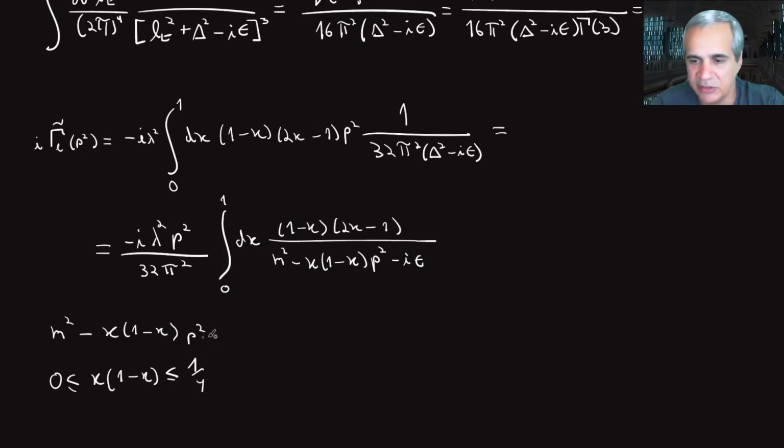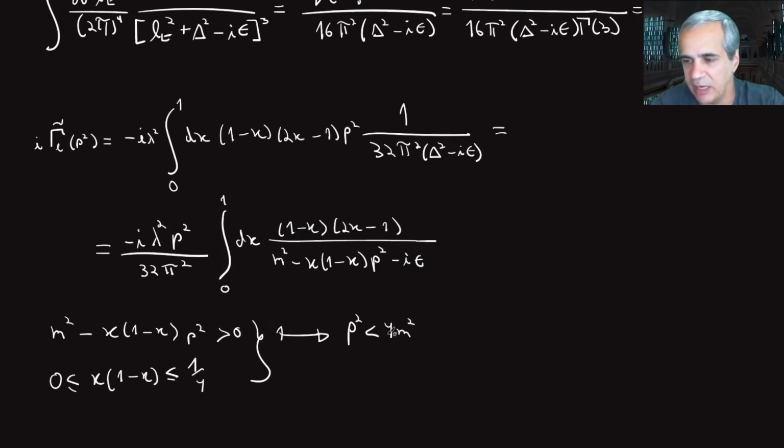That allows us to see what happens if I demand that delta squared is positive. These two together mean that you can only keep this positive if p squared is smaller than 4m squared. If it's negative, it's fine. If it is smaller than 4m squared, this part will never win over m squared, so this will always be positive.